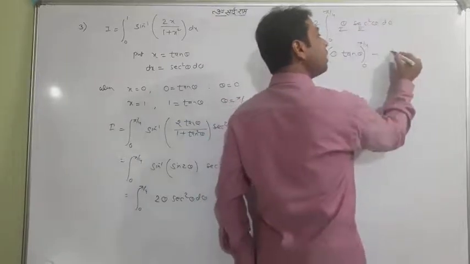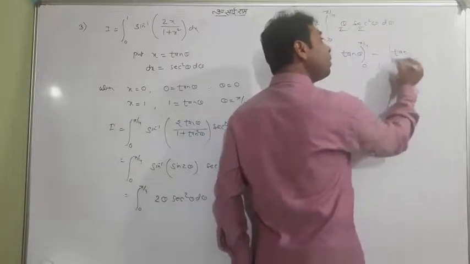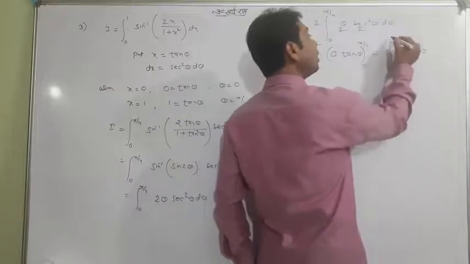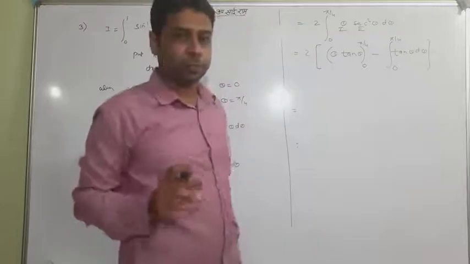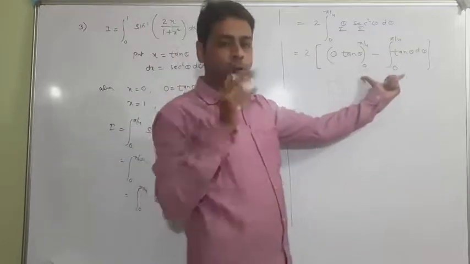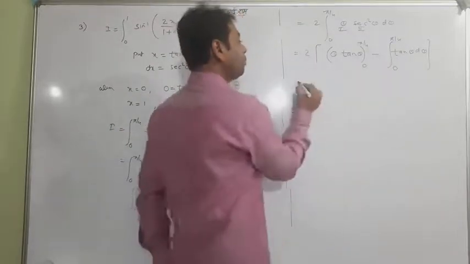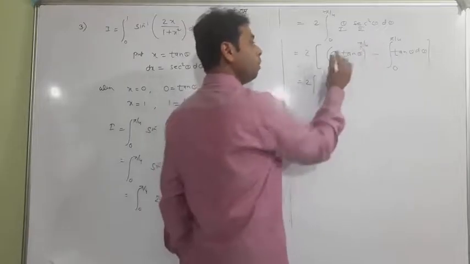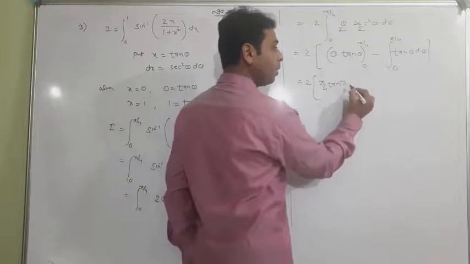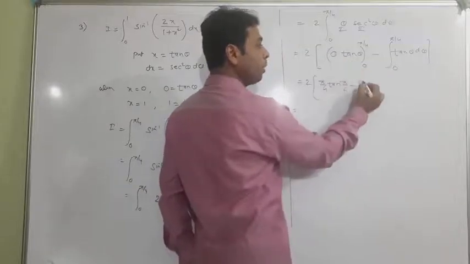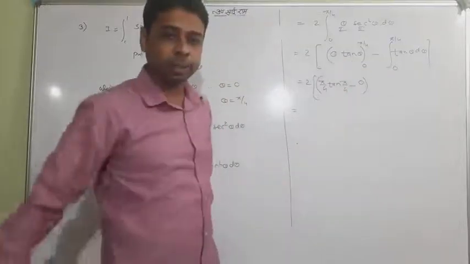Integration of sec square theta is tan theta, which is yet to be integrated more, so use a limit because it is yet to integrate, and this is a 2 outside. So please follow the method which I wanted to share with you here, and now use the limit, pi by 4, tan pi by 4 upper limit minus 0, need not write, upper limit minus lower limit.